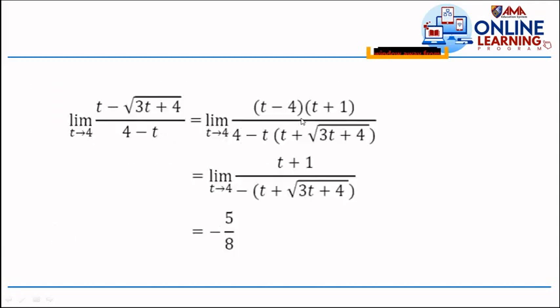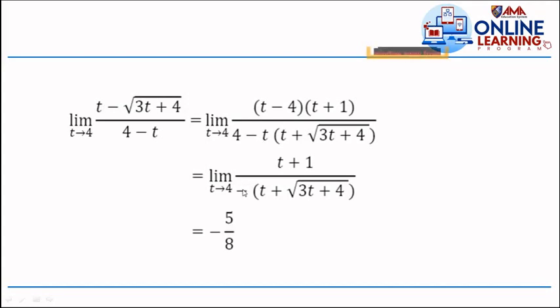Next, ito na siya, no? T minus 4, t plus 1. Dapat, meron tayong t minus 4 sa baba para makancel din siya doon sa taas. So, ang gagawin po natin para magkaroon pa tayo ng t minus 4, i-multiply po natin yung denominator ng negative.